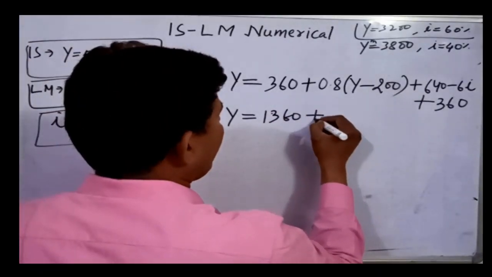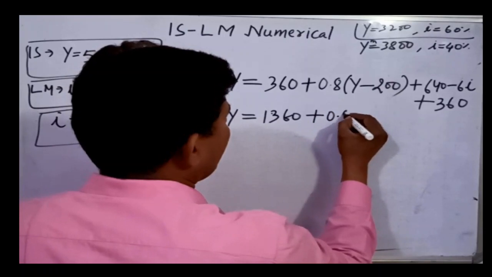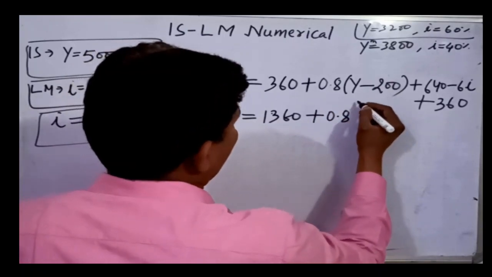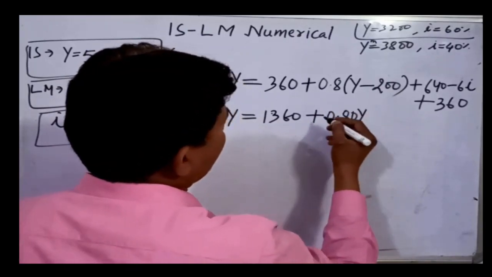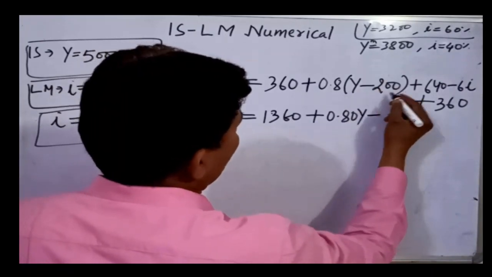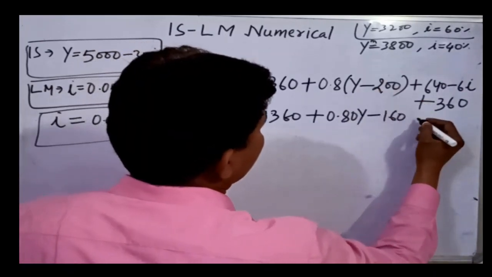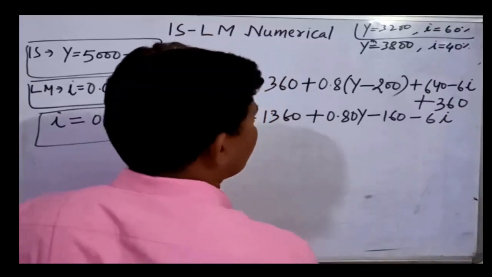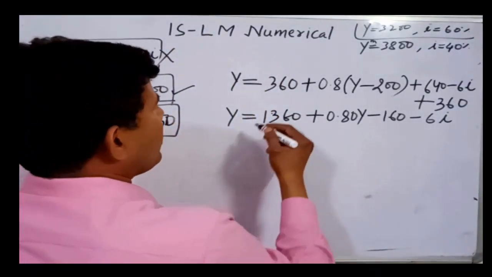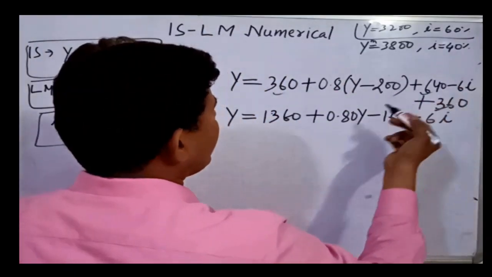Plus 0.8Y minus 6i, right? So we have used all this, okay?